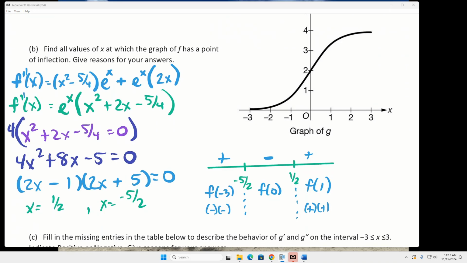All right, so this is the second derivative in positive and negative. So if the second derivative changes from positive to negative, it means that the original function f is changing from concave up to concave down, which is going to be a point of inflection. And then when the second derivative changes from negative to positive, concave down to concave up.